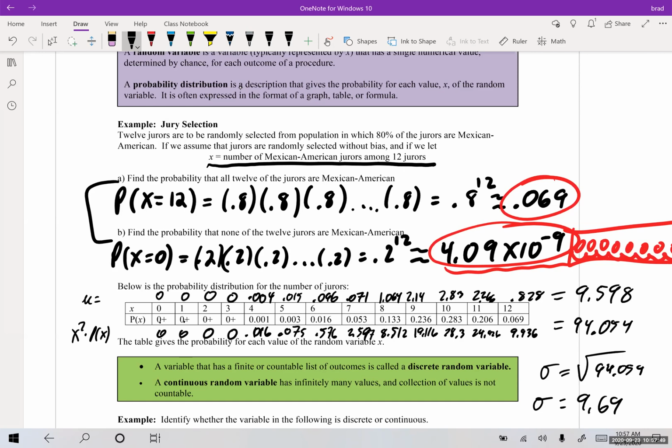Last page. Okay. So our standard deviation is much different than the one that we would get from that.